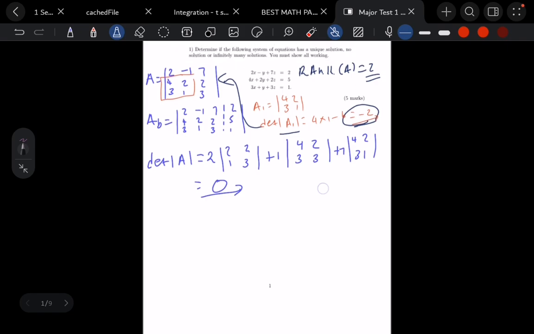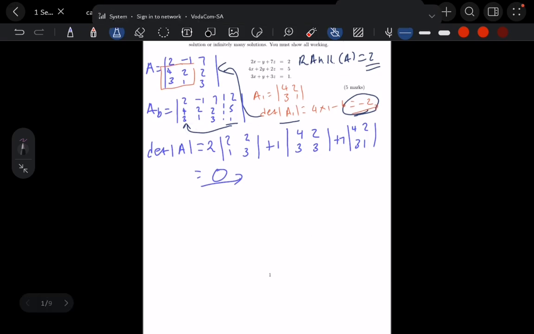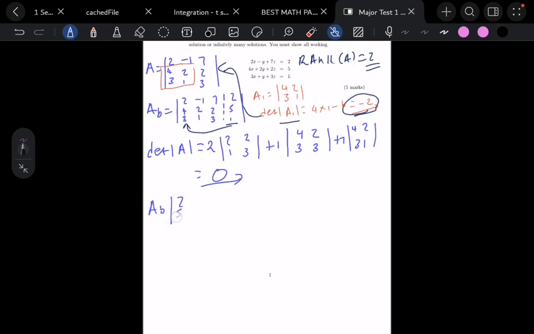Right. The next thing that you need to do, we need to find the determinant of matrix AB. To find the determinant of matrix AB, I'm going to take this column and place it there, and then I'll calculate the determinant. So let us have AB, which is a matrix of 2, 5, 1, negative 1, 2, 1, 7, 2, 3. Now let's find the determinant of this.